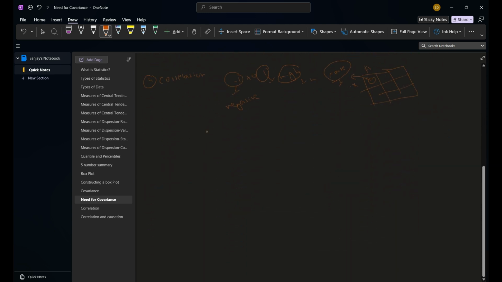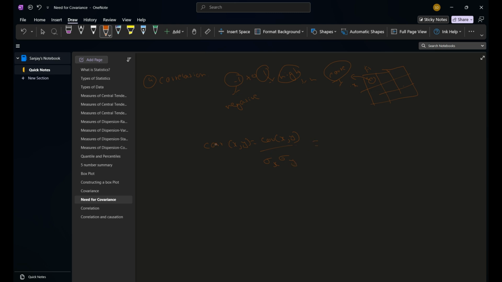The formula of correlation is very simple. The correlation of x and y, we calculate by taking the covariance of x and y, then dividing by the product of the standard deviations of x and y.